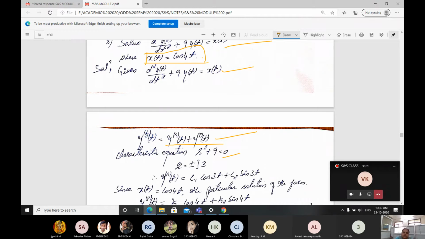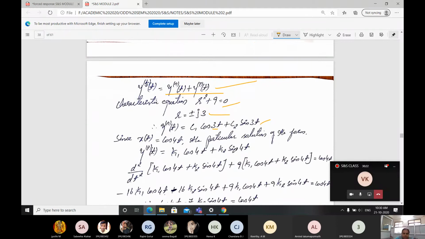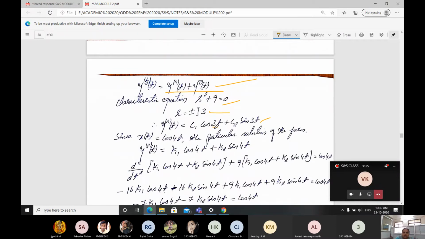From this, find the r value. The r value is plus or minus j3. If the roots are imaginary, the natural response is yn(t) equals c1 cos 3t plus c2 sin 3t. This is the natural response.